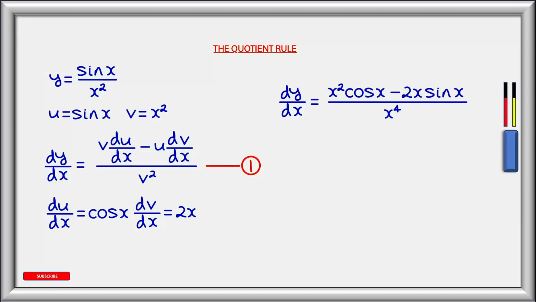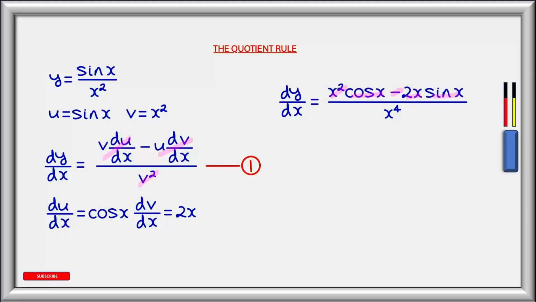We can now plug all these results into equation 1. And so v multiplied by du/dx is equal to x squared multiplied by cos x, minus u multiplied by dv/dx is equal to 2x multiplied by sine x.